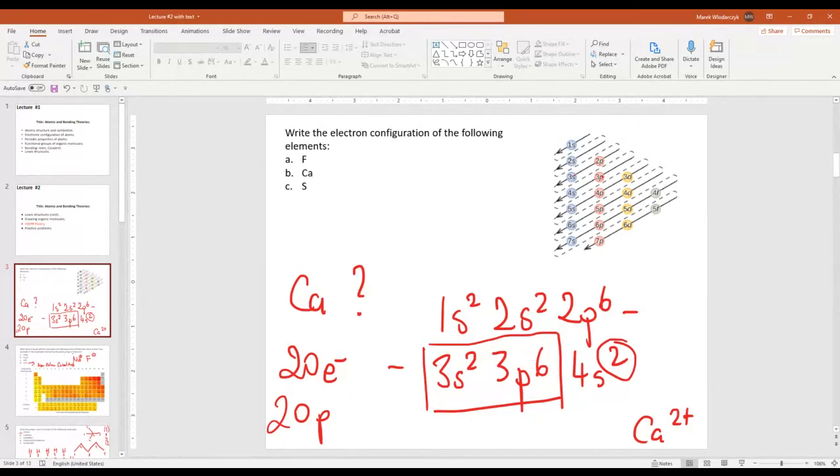You also have to keep in mind that if you have, for example, an ionic species, like here we have a calcium 2+, that means that 2 electrons have been removed from the neutral atom. Therefore, the electron configuration of this calcium 2+ will have 2 fewer electrons, and will have the noble gas electron configuration, which in this case is, I believe, argon.